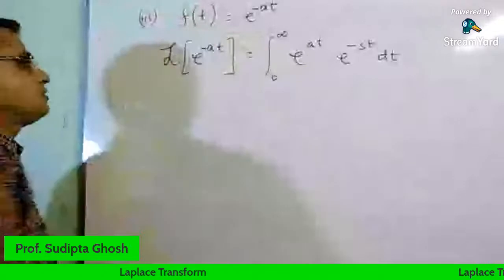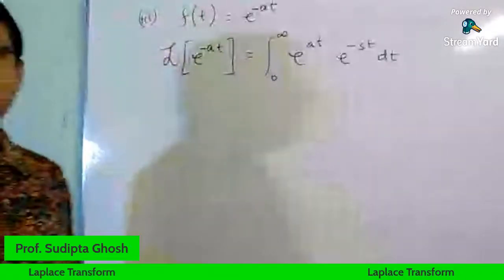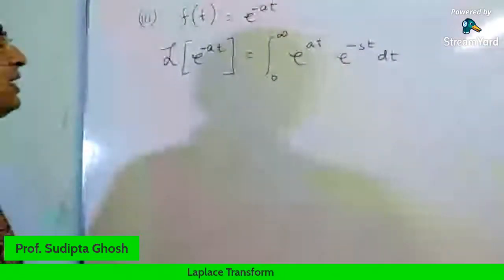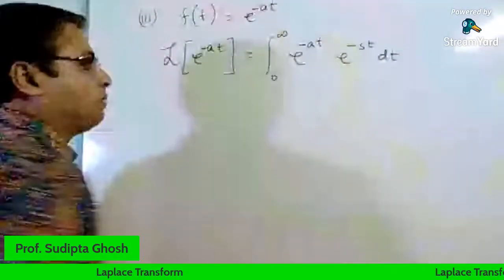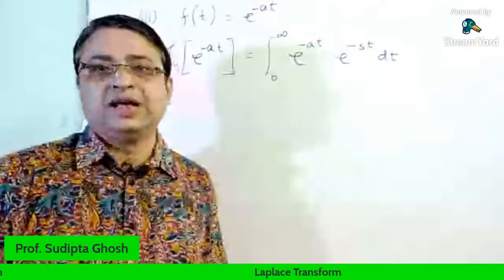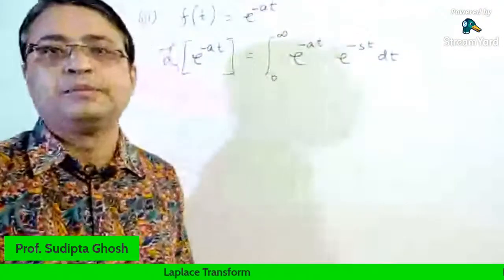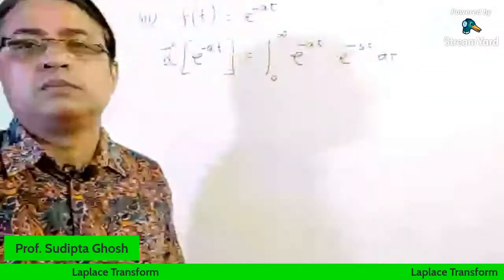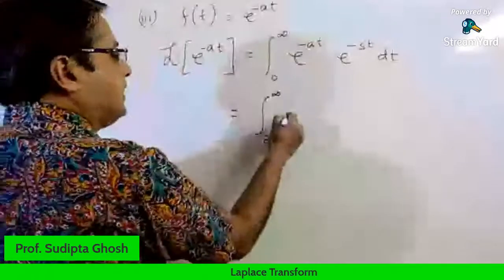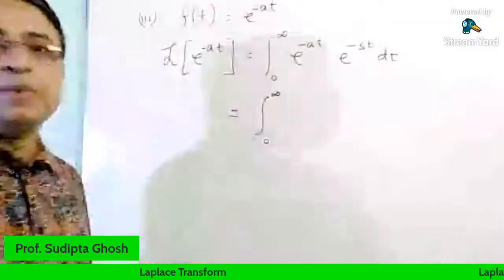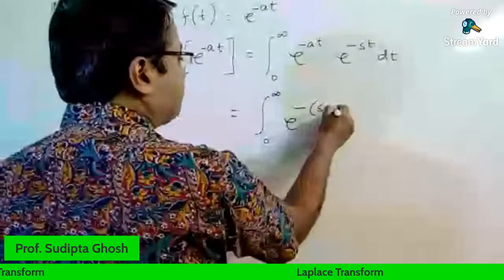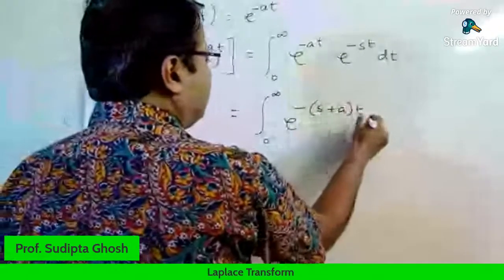So the Laplace transform of e to the power minus at: this is e to the power minus at times e to the power minus of st dt. Taking again the frequency part first, that is e to the power minus of s plus a into t dt.